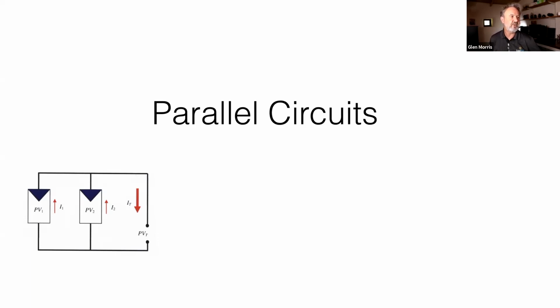So we've now got two panels in parallel. The voltage is the same in both panels, and the output of that system will be the voltage of one panel. But we've got two sources of current now, and they join together at a common point. So we double the current.